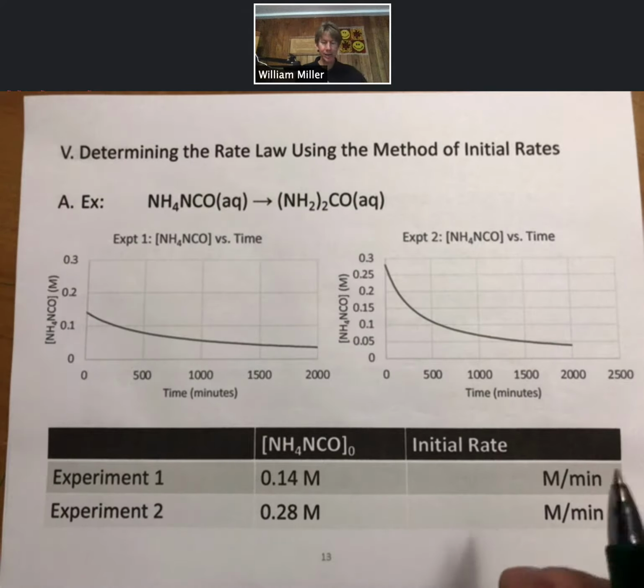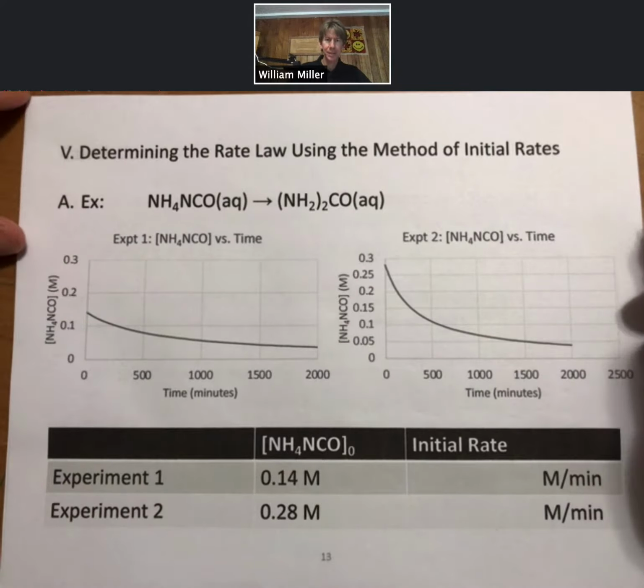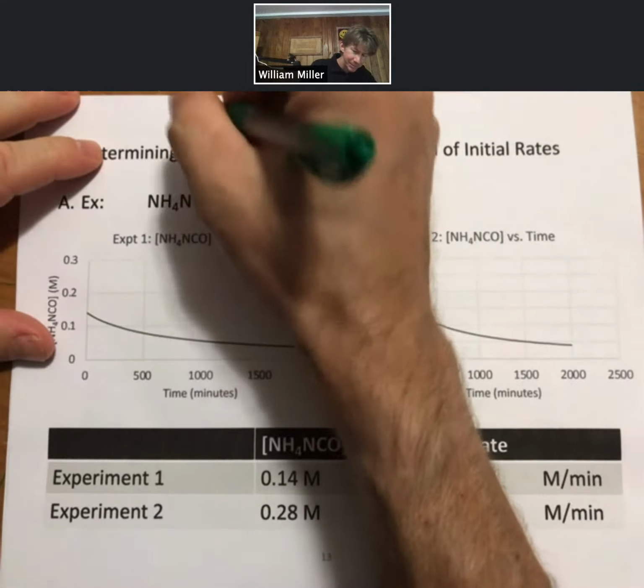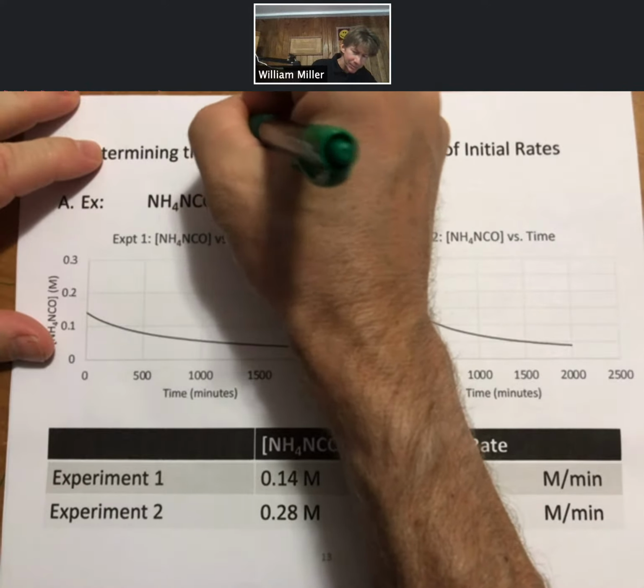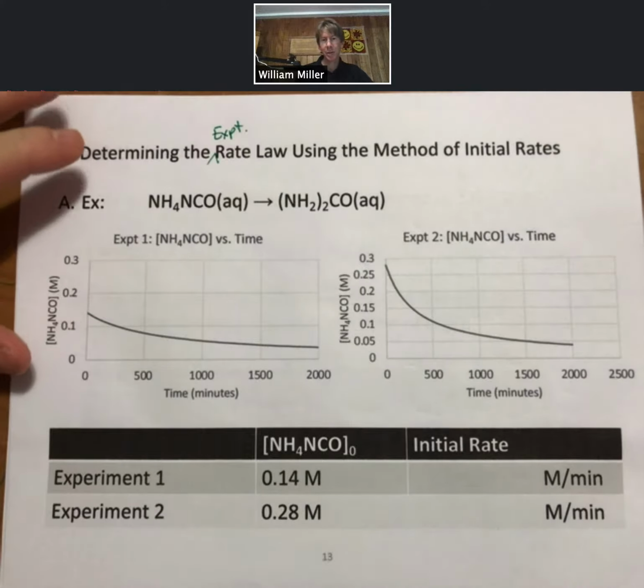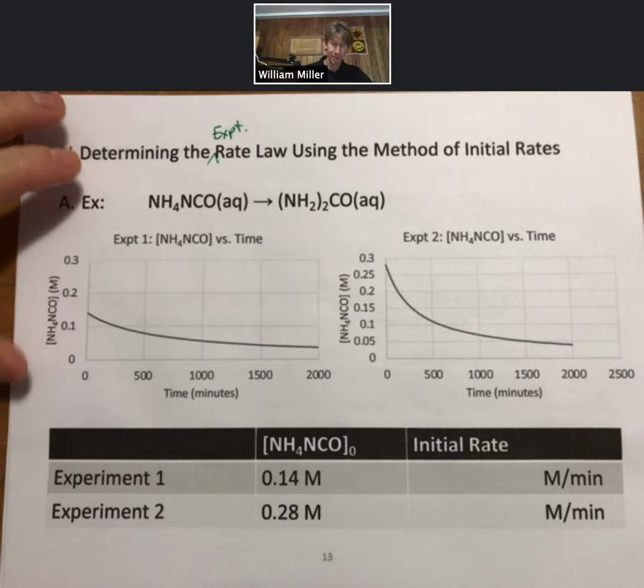All right, so now how do we determine the rate law? We'll call it the experimental rate law because that's how we determine it. We'll use the method of initial rates.